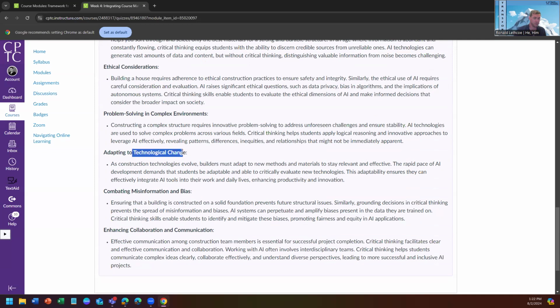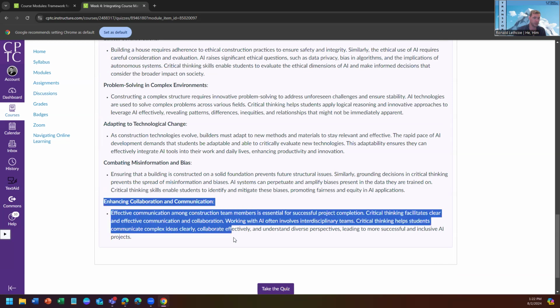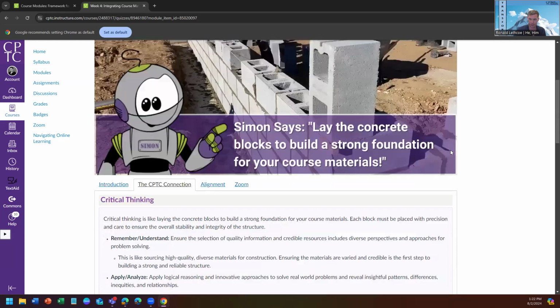The AI is a huge shift. And misinformation and bias, we talked about a little bit already. And then critical thinking as a way to enhance collaboration and communication. We can think more carefully about what we're saying, and then that will in turn help us to interact with other people in a more productive manner, if I were to add my 2 cents on that one.